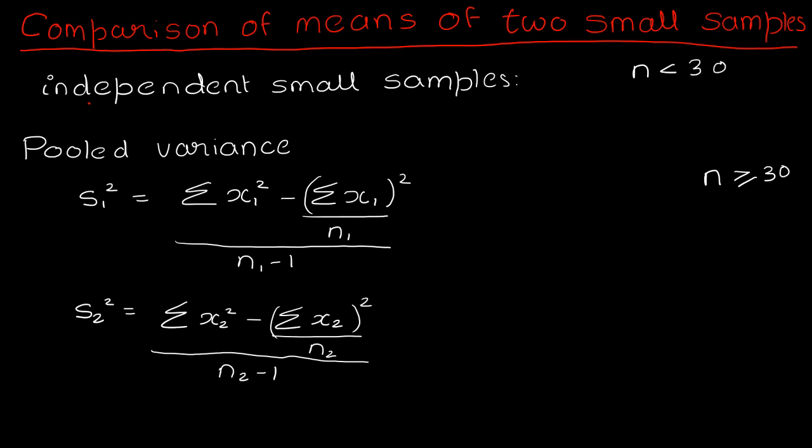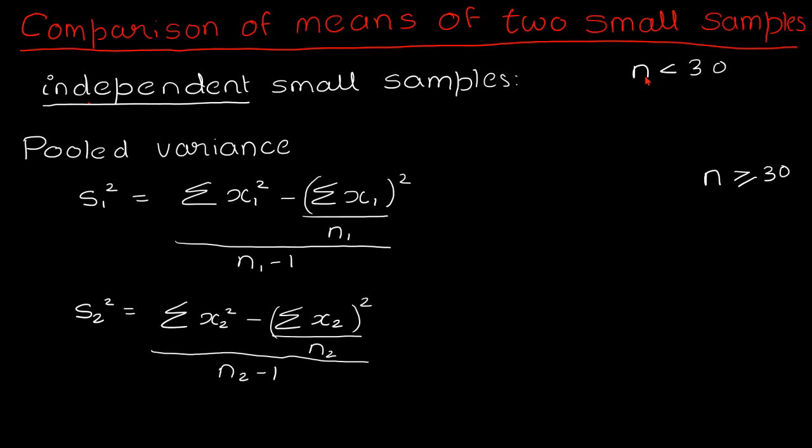Even in the last video, for the comparison of means of two large samples, the two samples taken were independent of each other. Now in this case also we are looking at samples which are independent of each other, so independent small samples. That is one part.